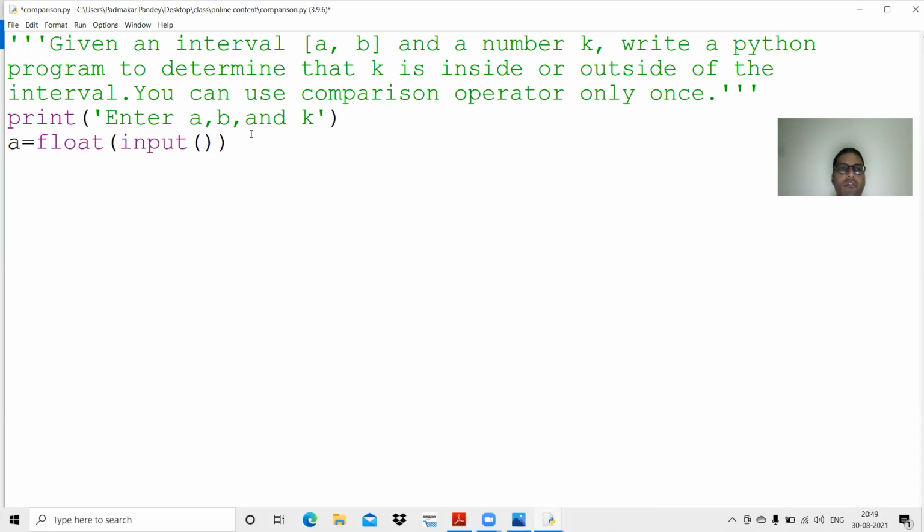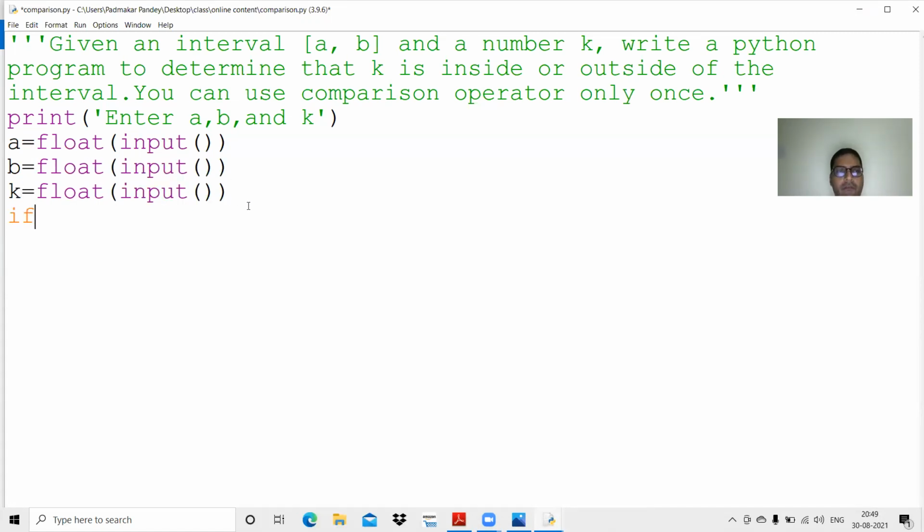We are using float because in an interval the number A and B can be any real number, not only integers, and same is true for K also. So we are taking these three numbers as input.